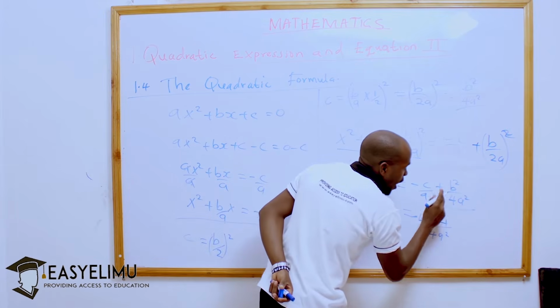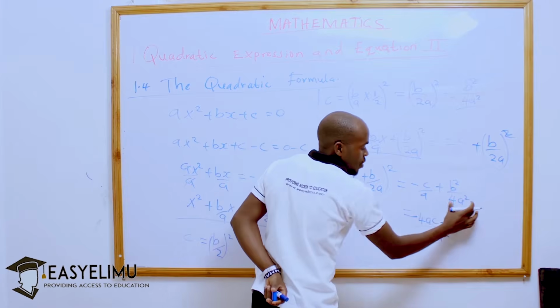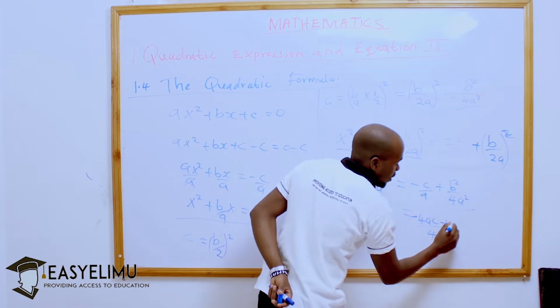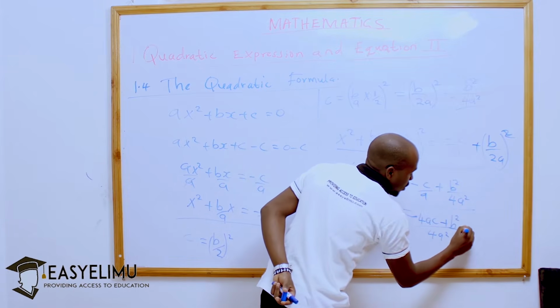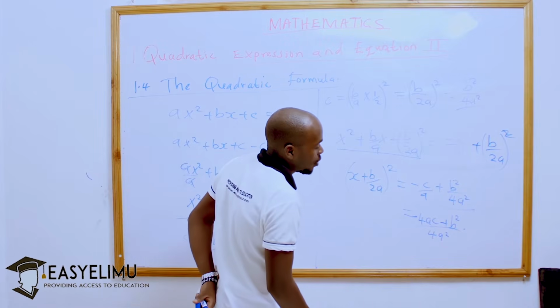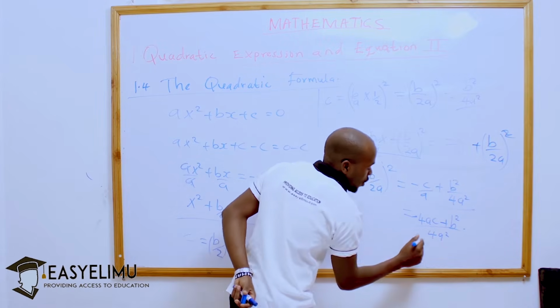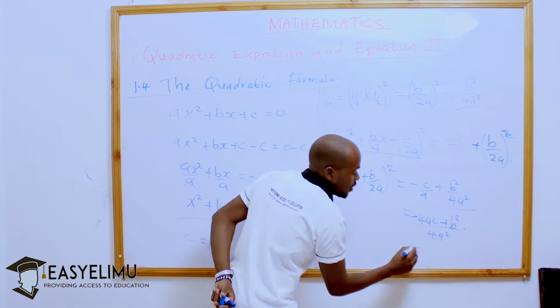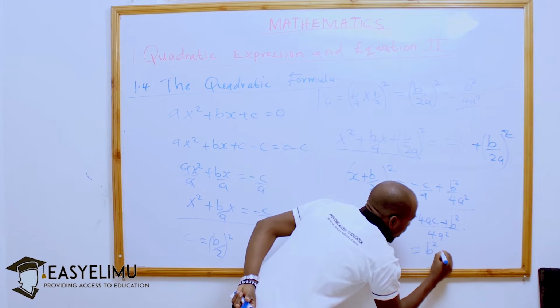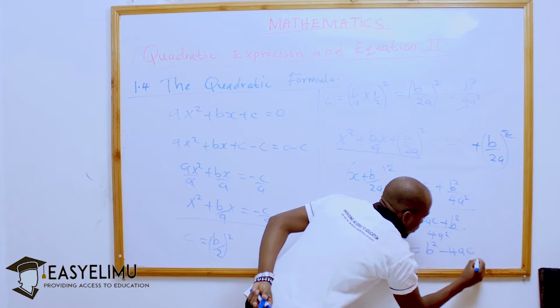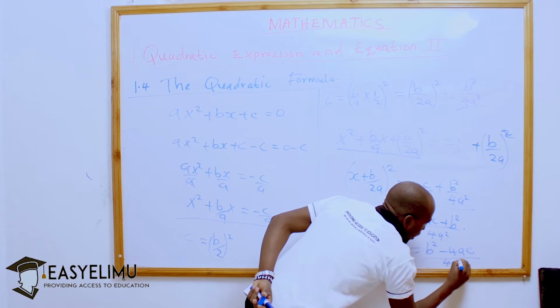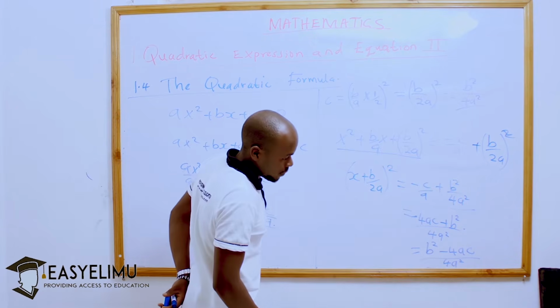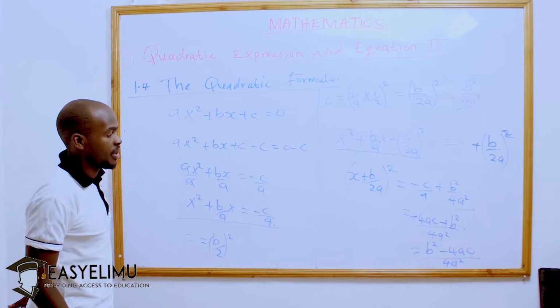Then the other term is b squared. If we rewrite starting with the positive one, we get b squared minus 4ac over 4a squared. That's what we are getting at that point.